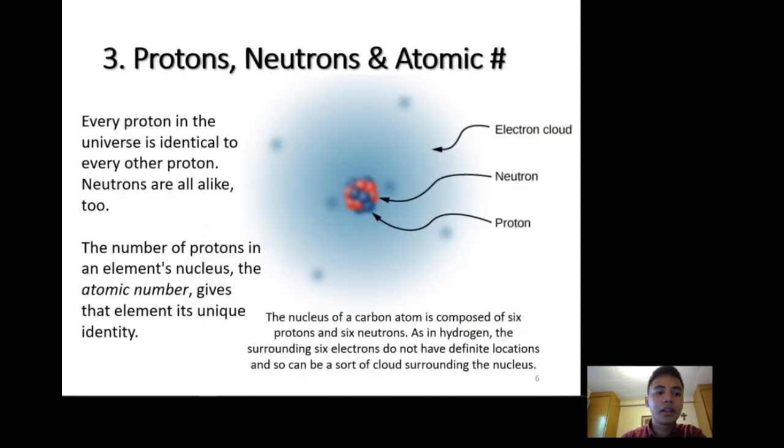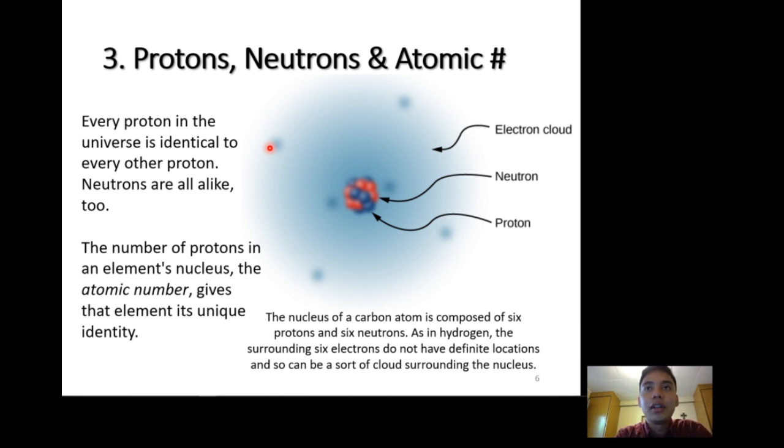Third, protons, neutrons, and atomic numbers. These are three different terms, and I know you know why the protons are within the nucleus and the electrons are outside. The basic idea is that the protons are heavier than the electrons, so electrons are outside and roam around.